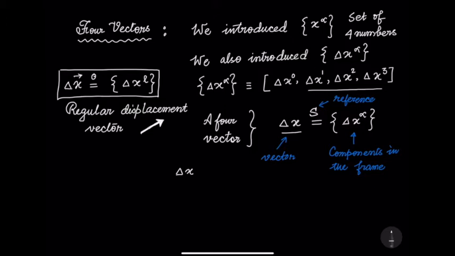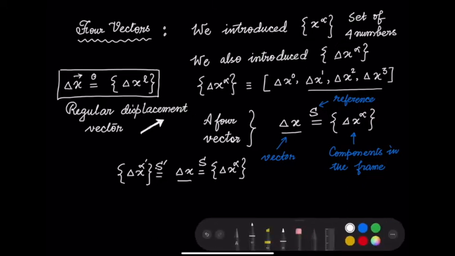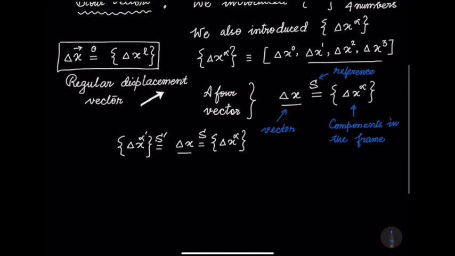For example, I can write this in S reference frame, where I call these components del x alpha. The same vector I can write in the S prime reference frame, where I may call the components del x alpha prime, say. That prime denotes the fact that it's in a different reference frame. So the crux of the story is these are components of the same vector.